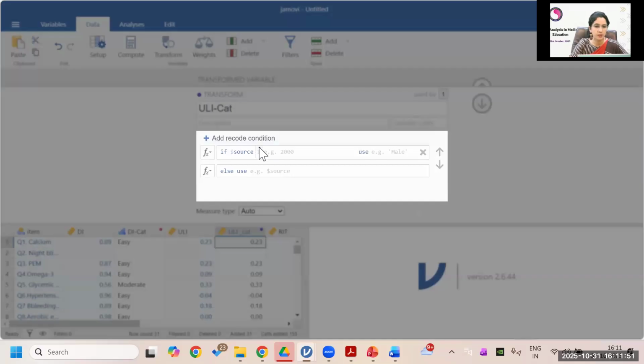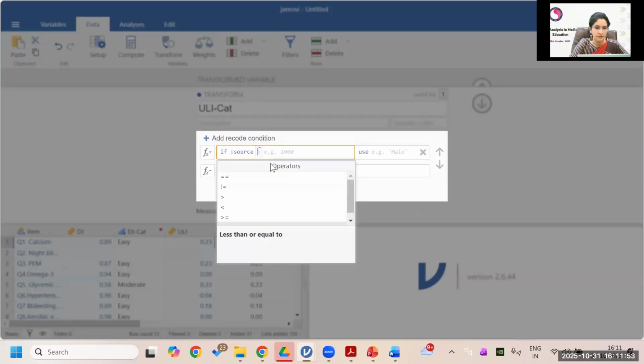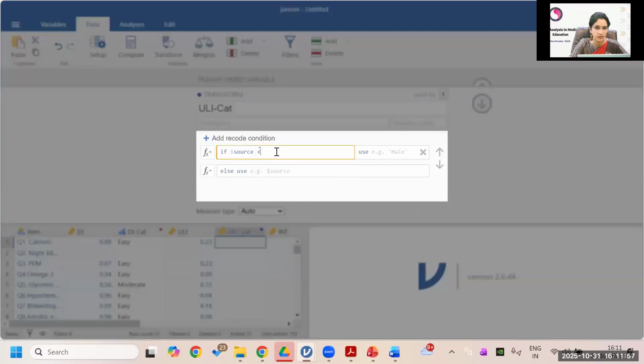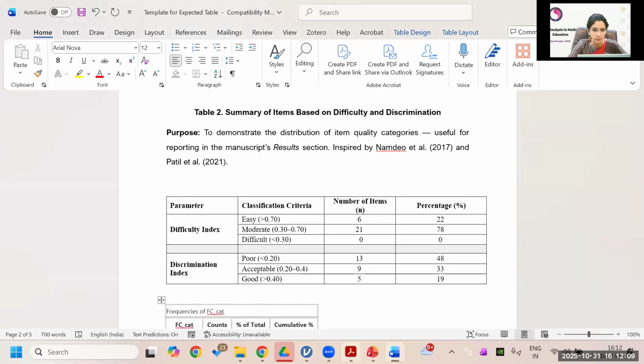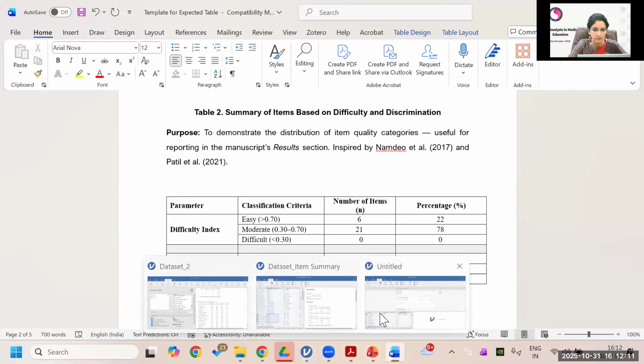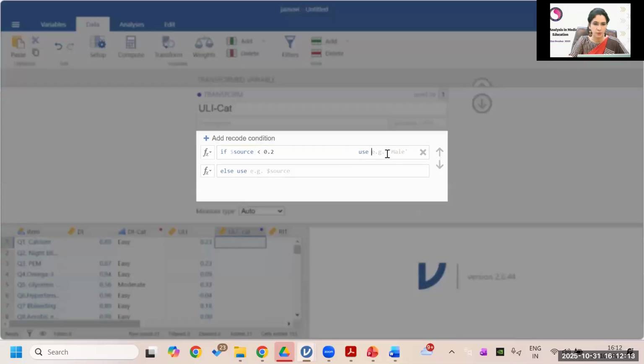So my recode condition is, if the source is less than 0.2, I will write less than 0.2. So it was poor. Let me see the wording. You can see the wording. It is poor, acceptable, and good. So write poor in single inverted commas.